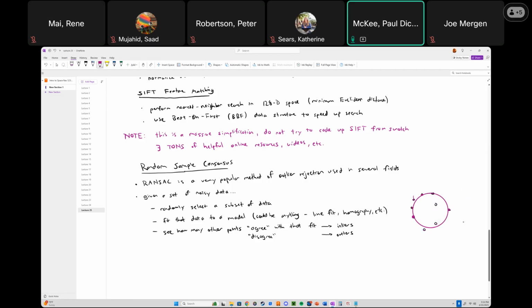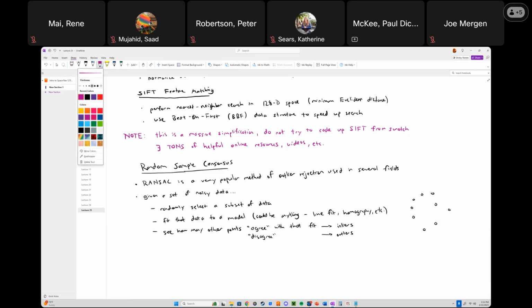Okay. Now let's try a different one, and then maybe this one is red. And now we say, okay, let's try fitting this one, and this one. Okay, and then you fit a circle to those.